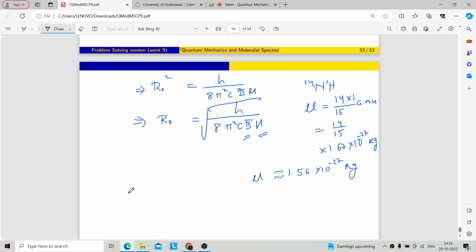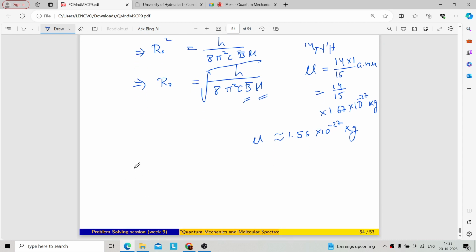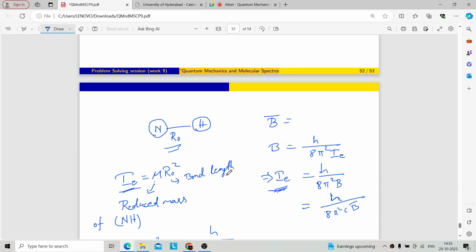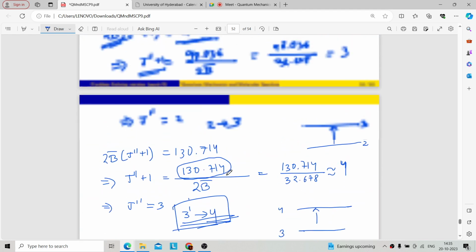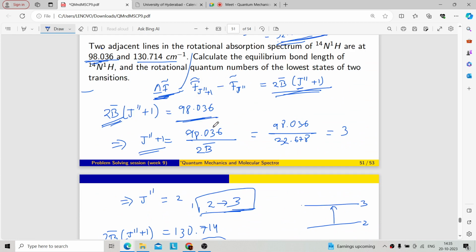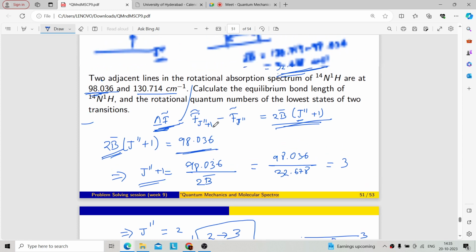So if we put all the values, we'll get 6.626 times 10 to the power minus 34 over 8 pi square c V bar.